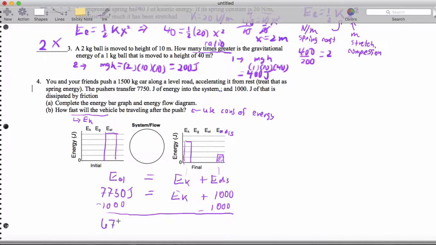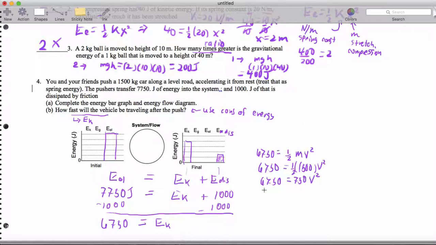So we'll get 6,750 joules is EK, and now I can go ahead and get the speed using 6,750 equals 1/2 times m times v squared. And they actually give me m in the problem as 1,500. And so I have 6,750 equals 750 times v squared. Let me go ahead and isolate v.